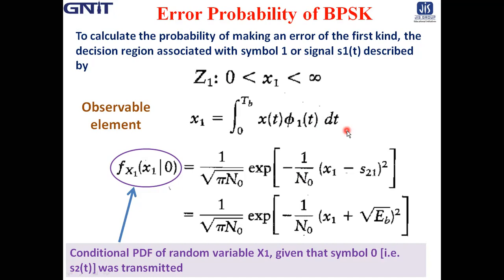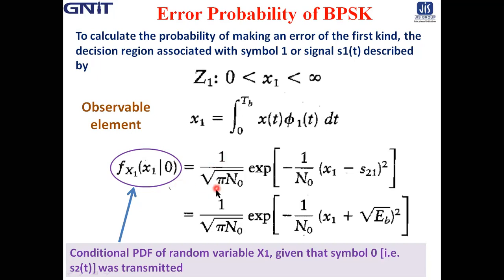Therefore, the conditional probability density function of the random variable x1, given that symbol 0, that is signal S2(t), was transmitted, is defined as f(x1 | 0), which follows the Gaussian distribution.